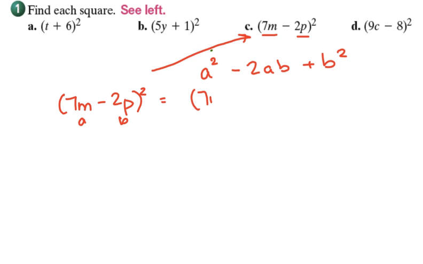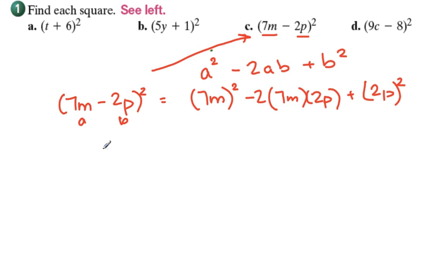So that's 7m squared minus 2 times 7m times 2p, and then plus 2p squared.